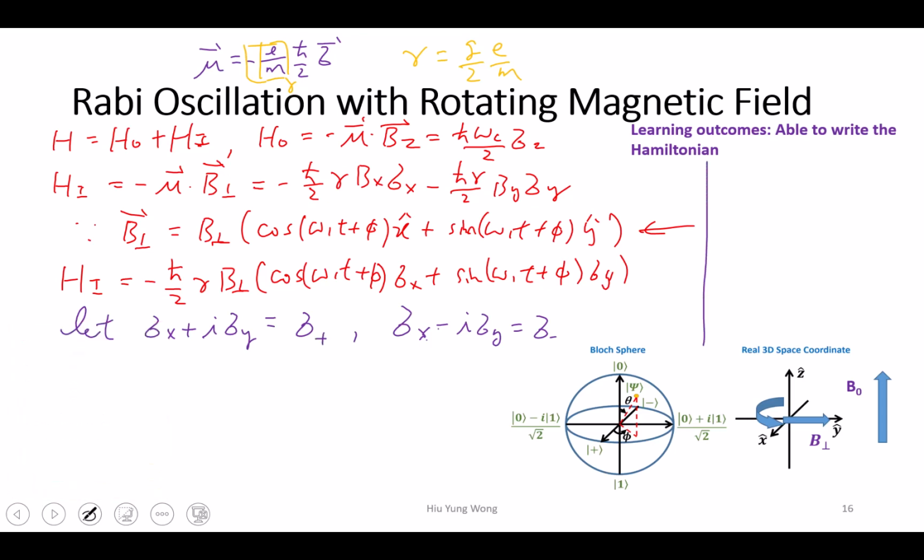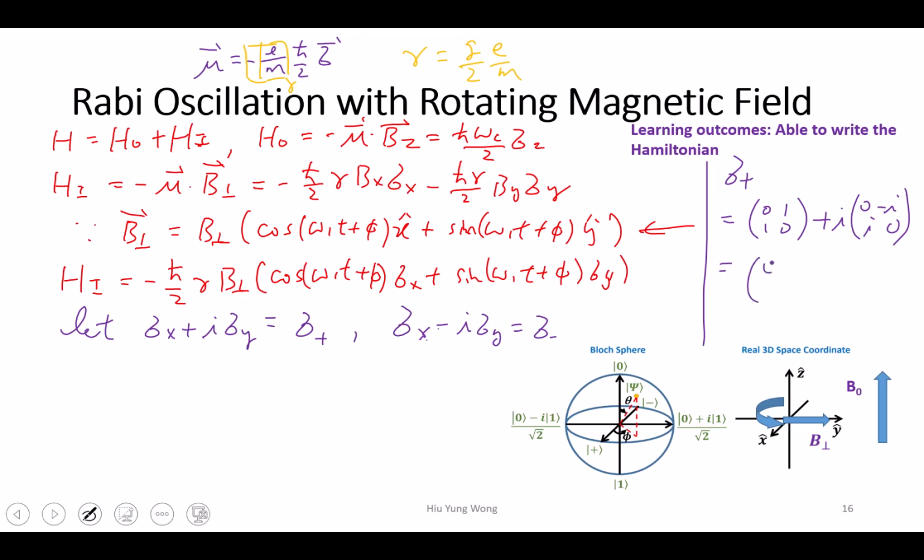Let's say sigma plus. What is this? It is equal to sigma x, which is 0, 1, 1, 0, plus i times sigma y, which is 0, negative i, i, 0. This is sigma plus. i times i equals negative 1, right?